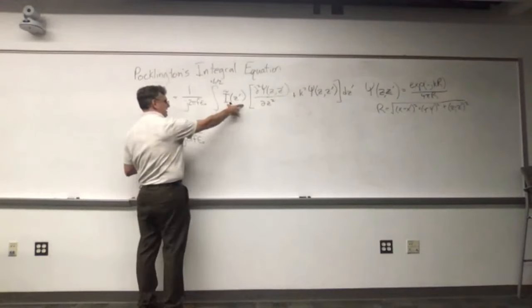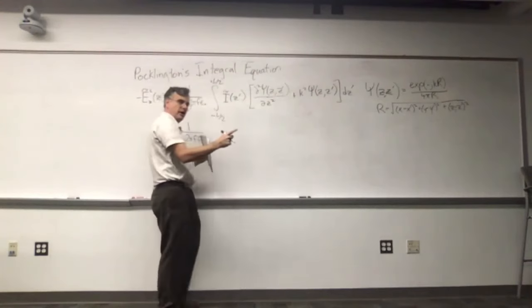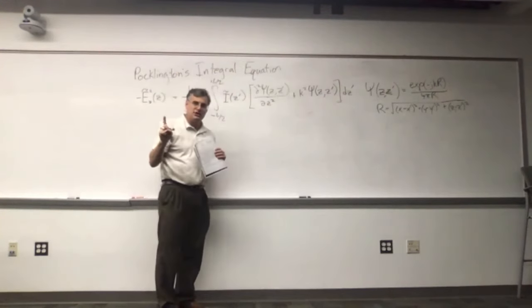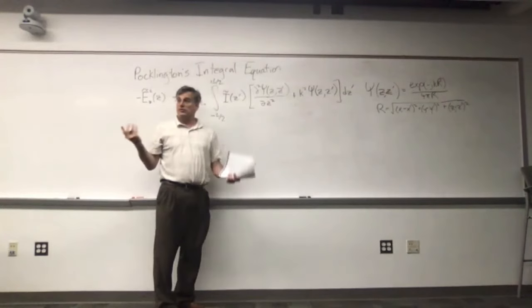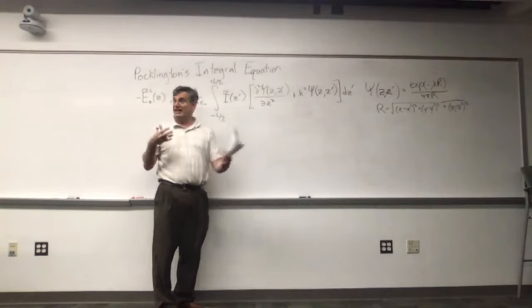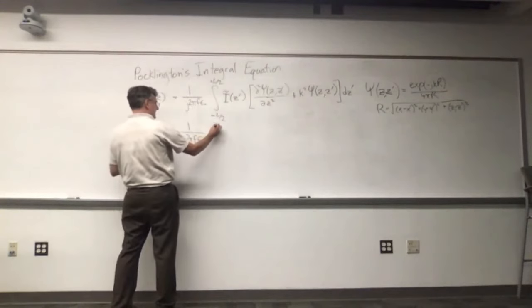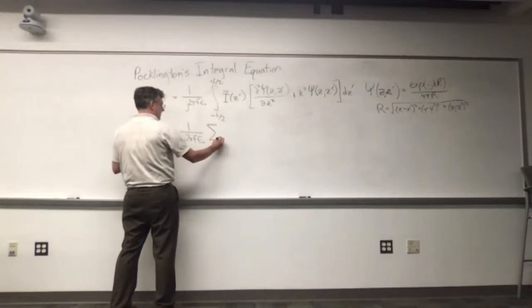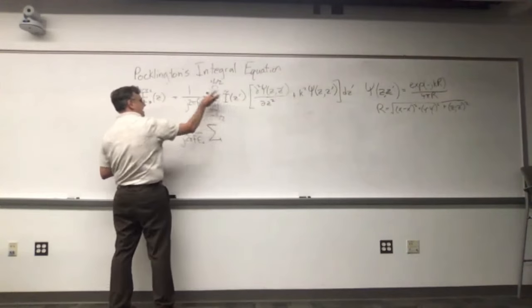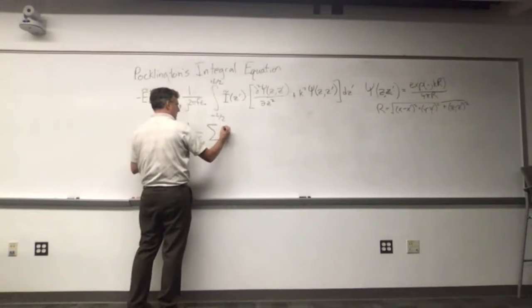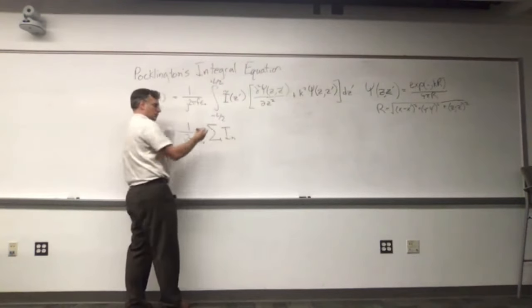I'm going to put that summation in here, but I remember that summation and integration are both linear operators, so I can interchange them. The key simplification is to take my I sub n summation outside the integral, where I have just I sub n constant terms.